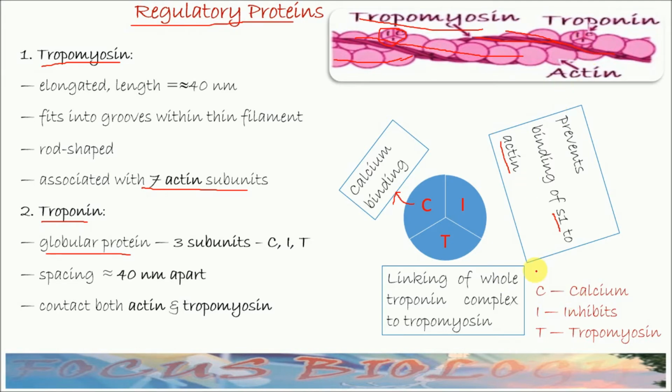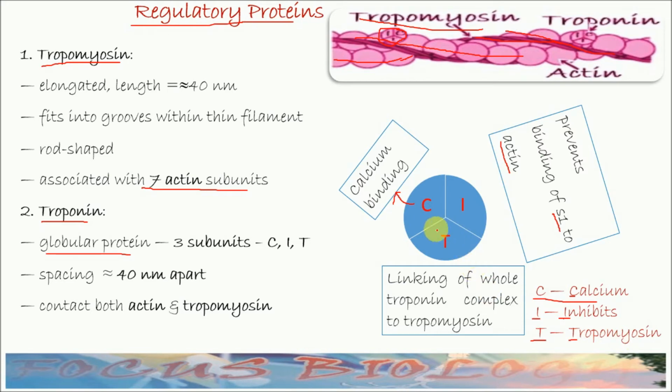We can remember the function of these 3 subunits in this manner. C for calcium, you can see here is C and the first alphabet is C. Here I for inhibition. T, this one is subunit of troponin. This T for tropomyosin.